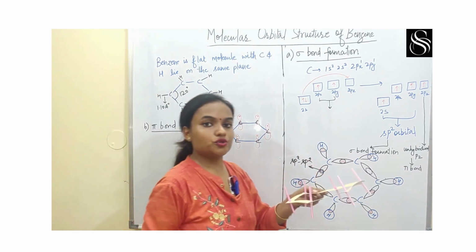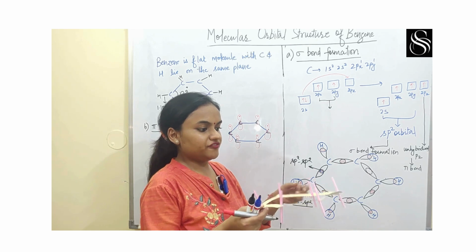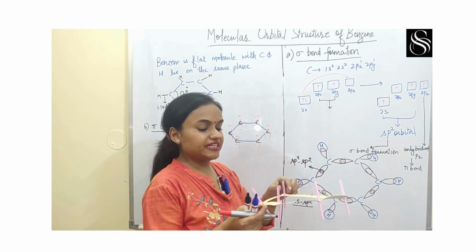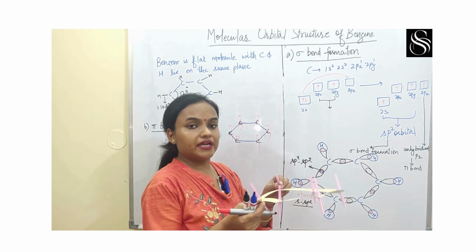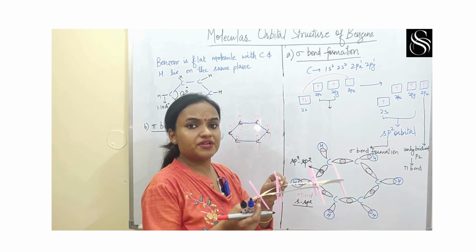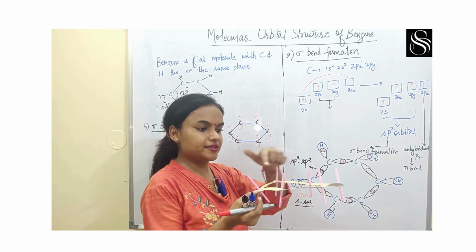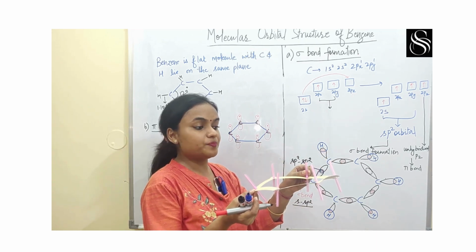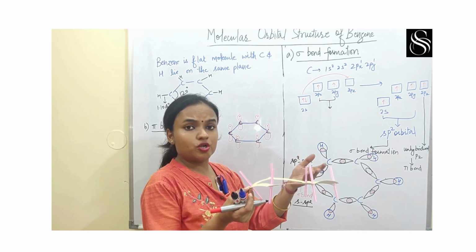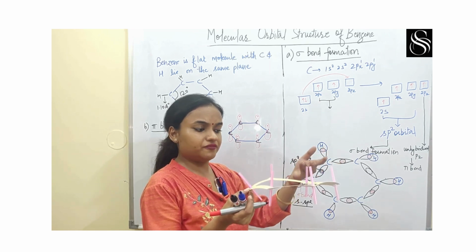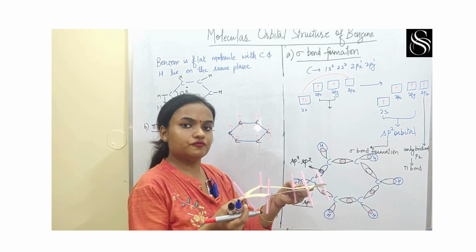I can also show you the unhybridized pz orbitals through this model. In a planar benzene molecule, each carbon at each corner contains an unhybridized pz orbital that lies perpendicular to the plane of the ring. You can easily see these pz orbitals are perpendicular to the plane of the ring. One half of each pz orbital lies above the plane and one half lies below the plane of the ring, and each pz orbital contains one electron.